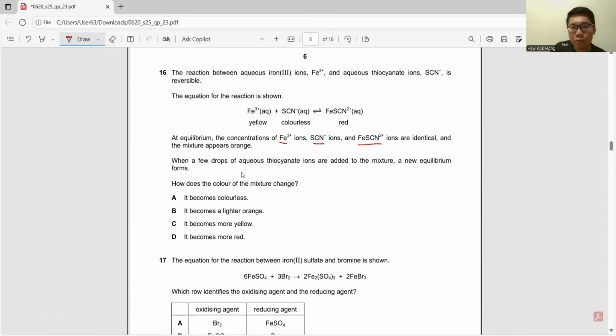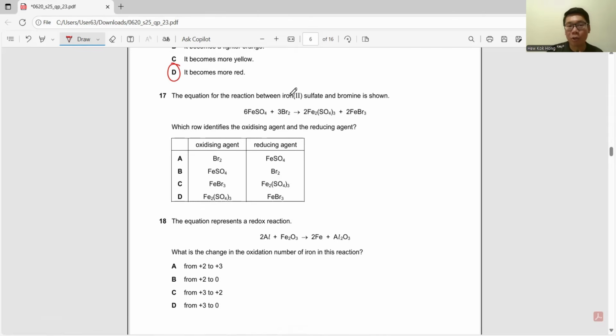When a few drops of aqueous thiocyanate ions, which is these, are added to the mixture, a new equilibrium is formed. So when the concentration of SCN- is increased, the equilibrium is disrupted. So to balance back, to make them back into equilibrium, the concentration of FeSCN2+ will also increase. That's why the color will become more red.